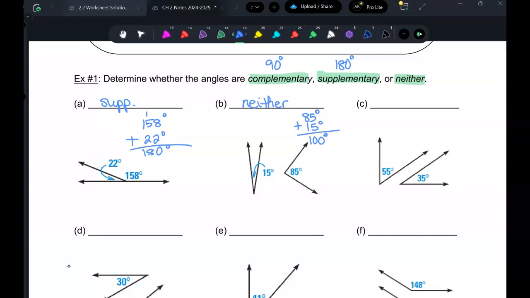Okay, how about C? We have 55 degrees and 35 degrees. Let's see, we carry the 1. Looks like 90 degrees. So what do we say for C? Complementary. Yeah, 90 is complementary, 180 is supplementary. Anything else is neither.